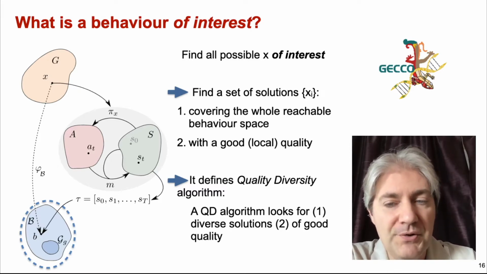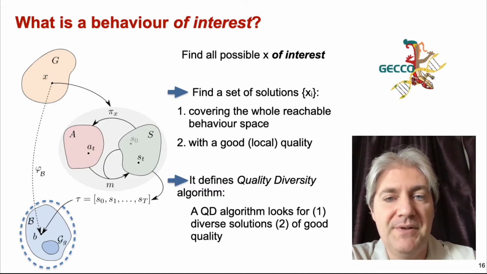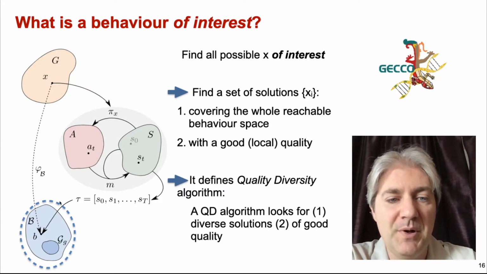And so among those solutions, we will be interested in those that have the highest local quality. Okay. So it will define quality diversity. We look for a diverse set of solutions that covers the reachable behavior space that are as good as possible.